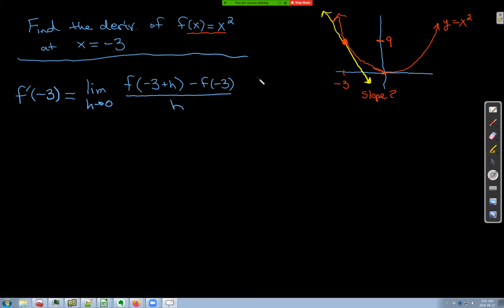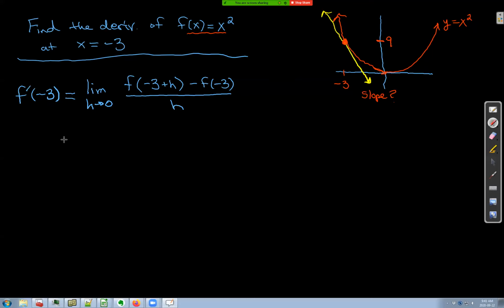It might seem kind of random what I'm doing here, but if you watch the videos, you'll see a very clear pattern of what gets plugged in where. The pattern is very consistent, and you just have to learn that pattern. So this is the definition of the derivative at negative 3.